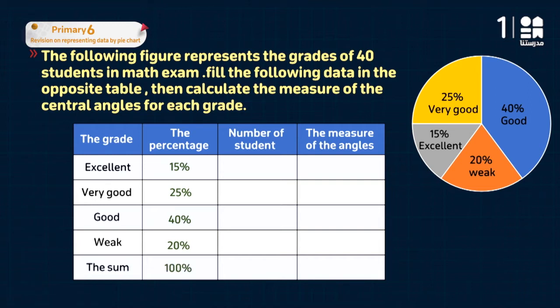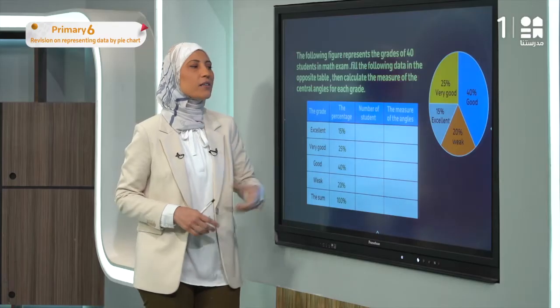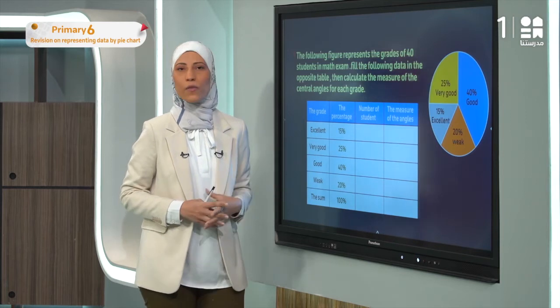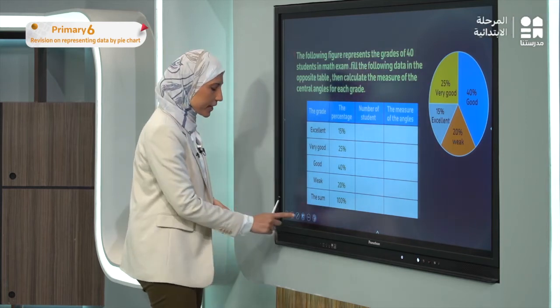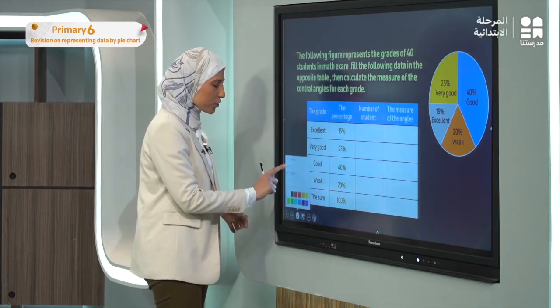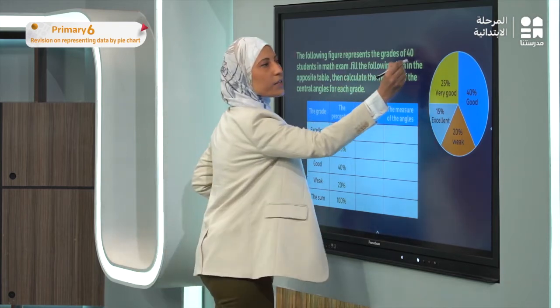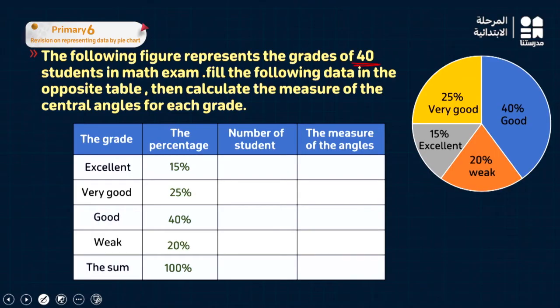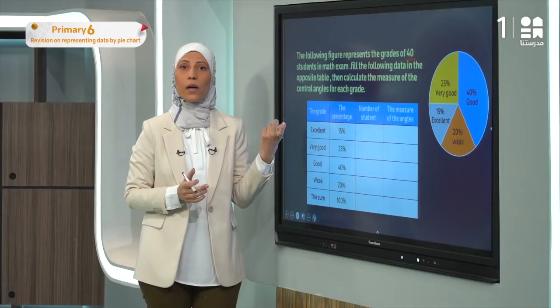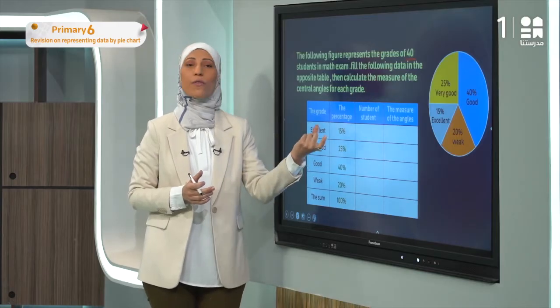This is a very easy way. You will write the percentage from the figure. Second, he wants you to write the number of students. First of all, you have to understand that the total number of students is 40, as he has already written. So your total number of students is 40. Now you want the number, and he already gave you the percentage.